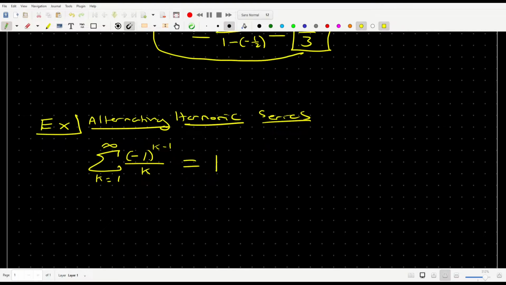Then it'll be negative 1 to the 2 minus 1, so negative 1 to the 1, which is negative 1 over 2, plus 1 over 3 minus 1 over 4, plus 1 over 5, and so on and so forth.